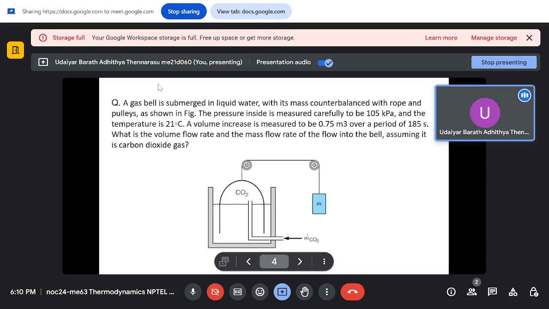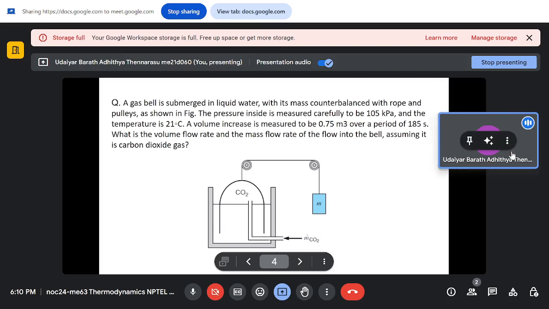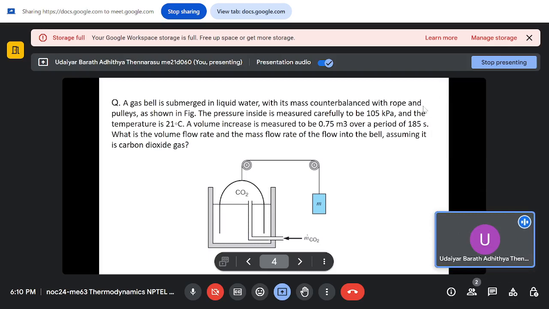So the next question is: a gas bell is submerged in liquid water with its mass counterbalanced with rope and pulleys as shown in the figure. So you have a gas bell which is submerged in liquid water, and that gas bell is suspended using pulleys, rope and a counterweight.